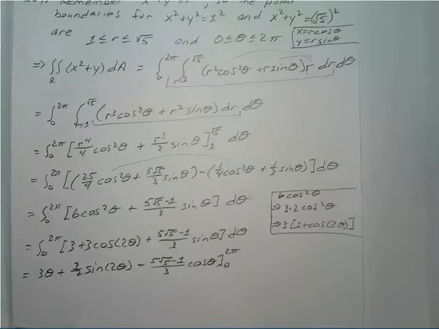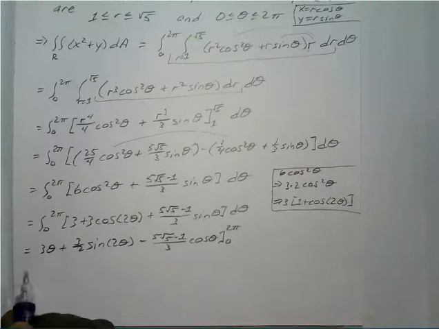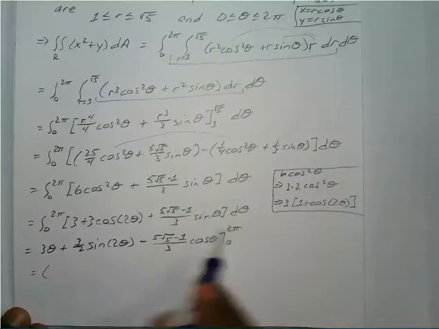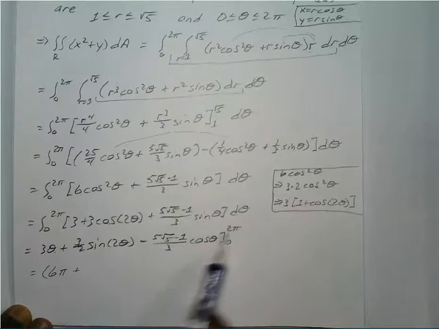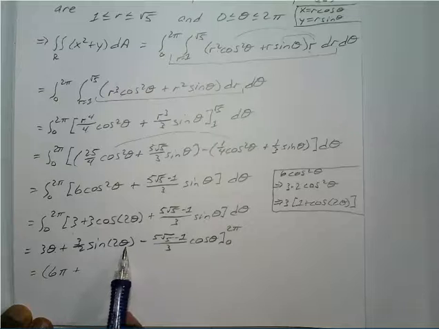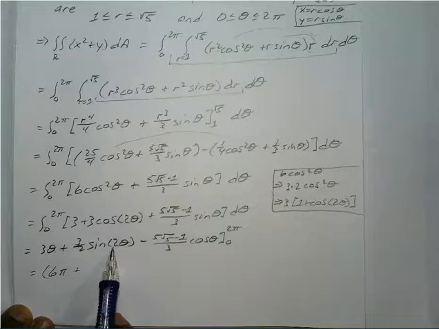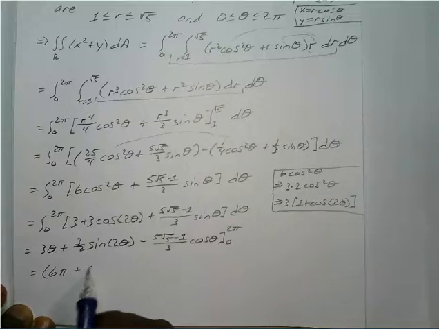Okay, so if we go ahead and plug in our 2 pi, we have 6 pi plus sine of 2 times 2 pi, which is sine of 4 pi, which is 0. So 6 pi plus 0.